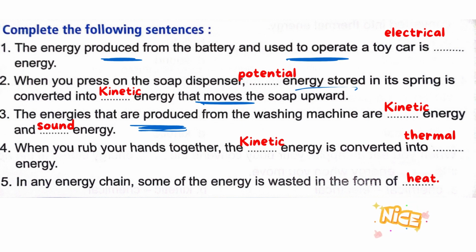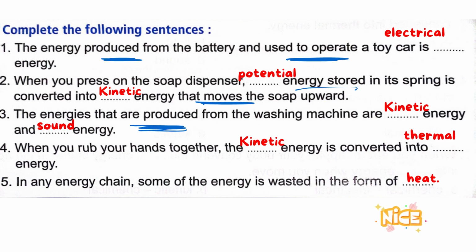So here the answer: in any chain, some of the energy is wasted in the form of heat, as we saw in the cell phone when we use it for a longer time, or laptops or computers or blender. In most of the devices, the wasted energy is heat.